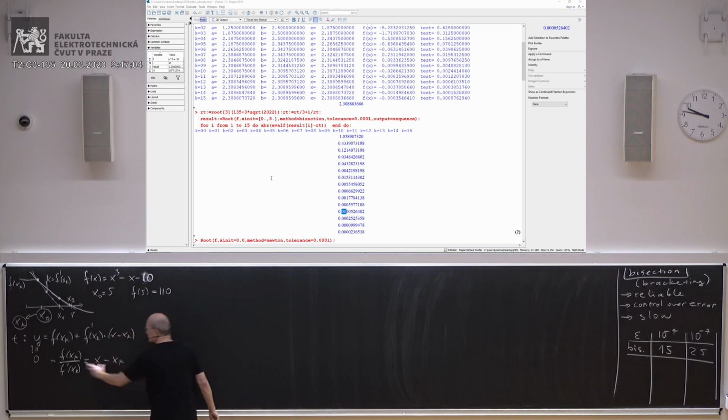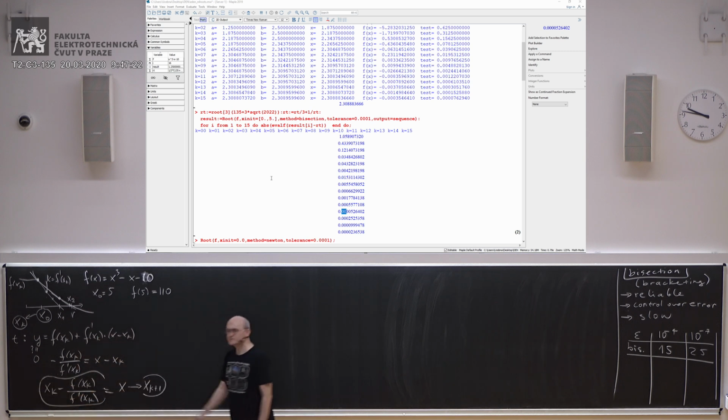And then I move xk to the left, and I get a nice formula. So that's my new x. In this case, it's x(k+1). That was nice and easy.